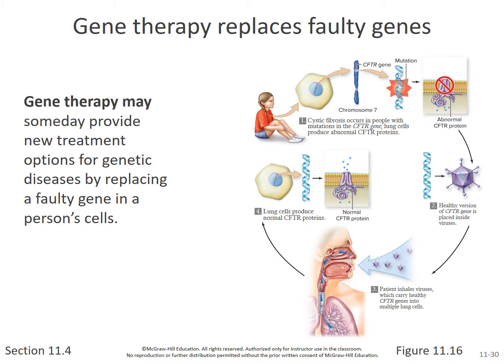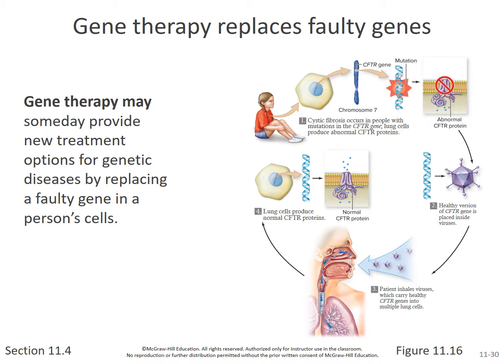Gene therapy, we had talked about it a little bit before. This is a way of genetically modifying an organism, but genetically modifying only a few cells of the organism and not every single cell. So you take the embryo of an animal, a pig, and you change the genetics.